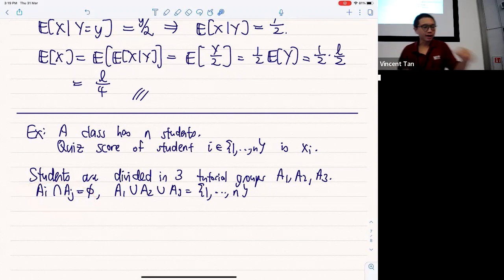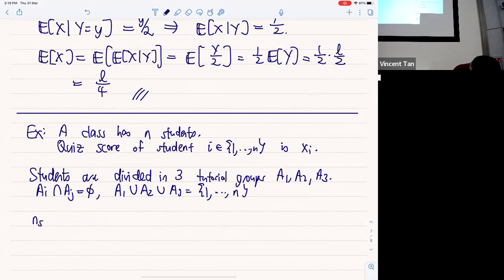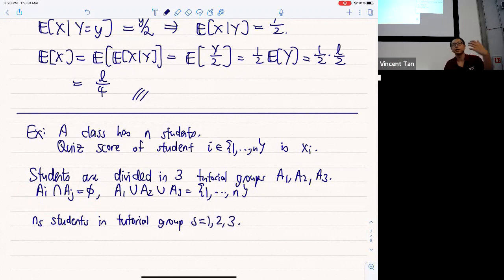Now let's consider the following. Let's say that we have Ns students in tutorial group s, where s equals 1, 2, 3. So there are 3 tutorial groups. Now, the 3 tutorial groups don't have to have the same number of students.